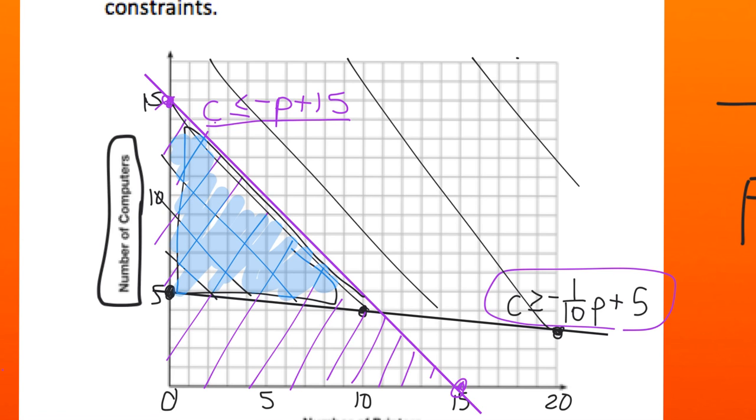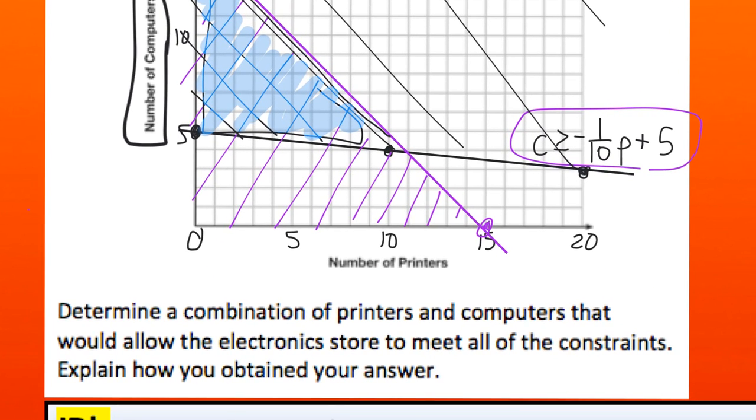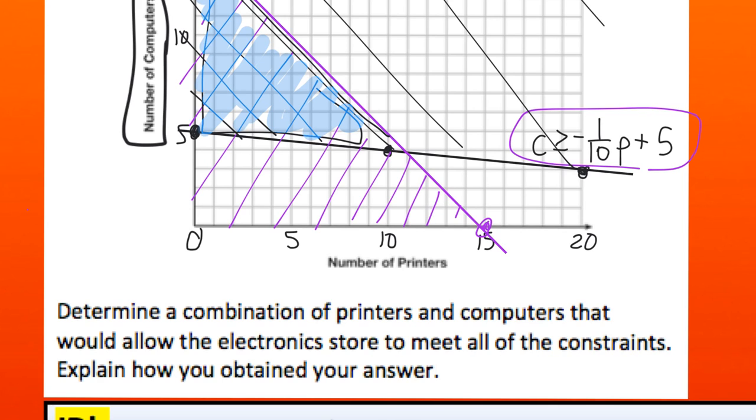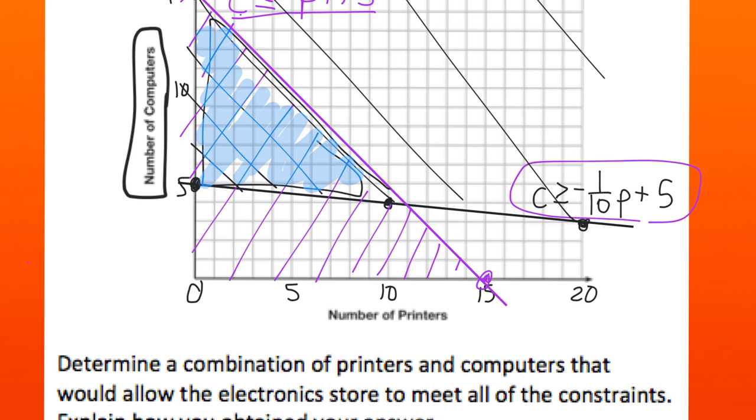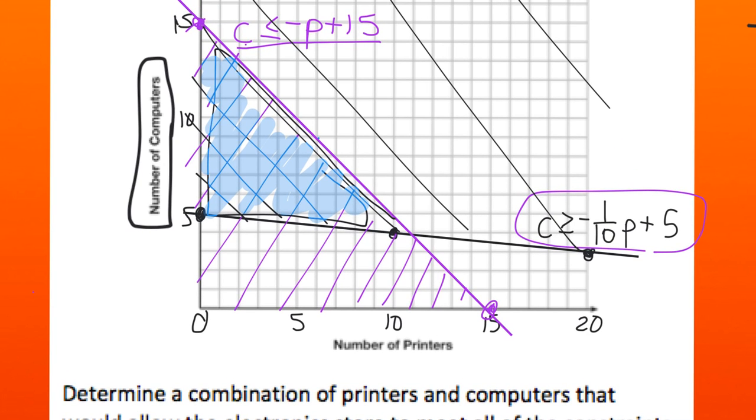Now, for the final part of this question, we're being asked to determine a combination of printers and computers that would allow the store to meet all of these constraints, and explain how you obtained your answer. That's fairly straightforward. All we need to do is choose a point that exists in this range. Literally any point would work as long as it's in here.